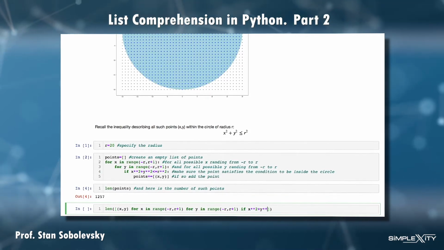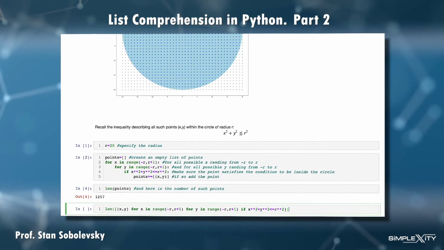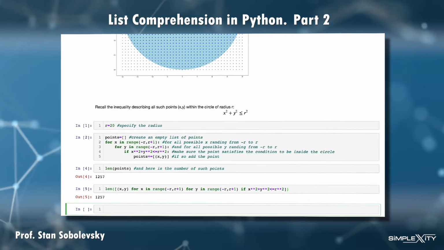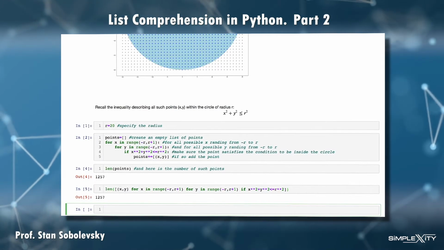So we put the condition after the for loop. This statement, one single line of code, if executed, will give us exactly the same result.